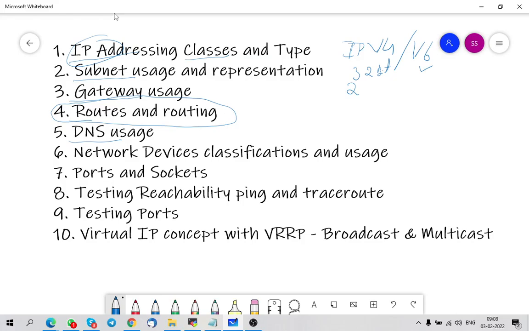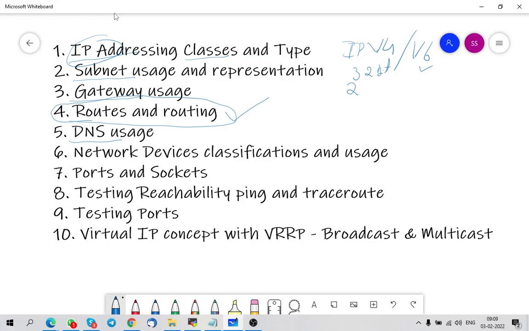Before explaining how the subnet is configured and how it derives the network addresses, we will first go through routes and routing. Routes I will discuss later; routing I will tell you now. Assume there are two computers connected in a network. The first computer wants to send a packet to the other computer.